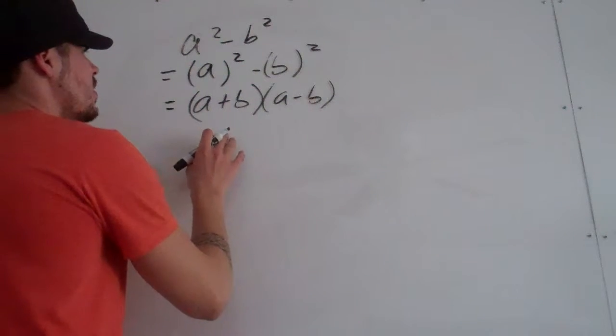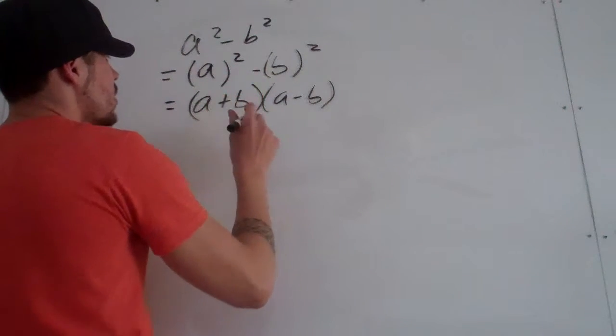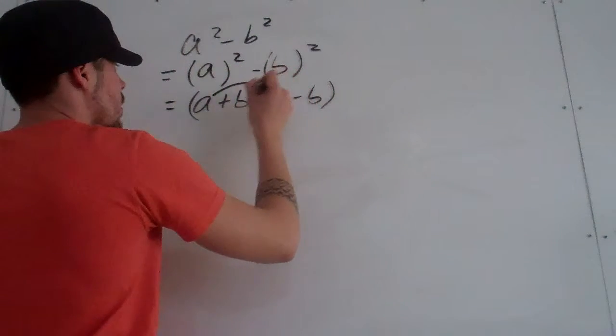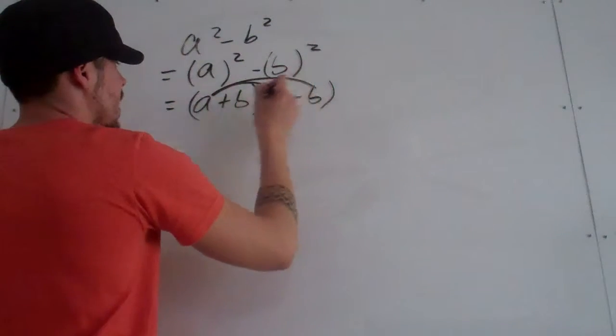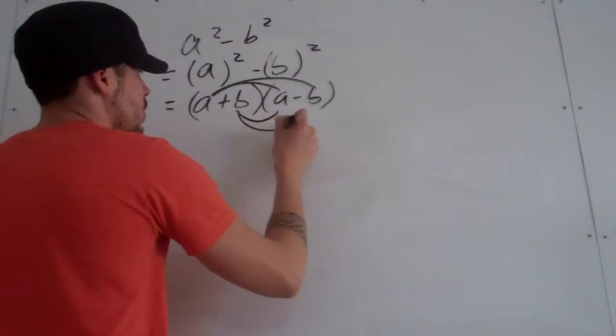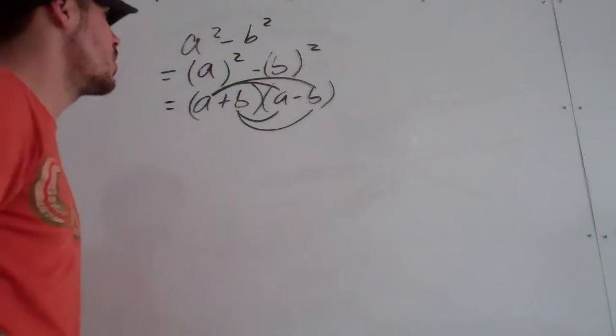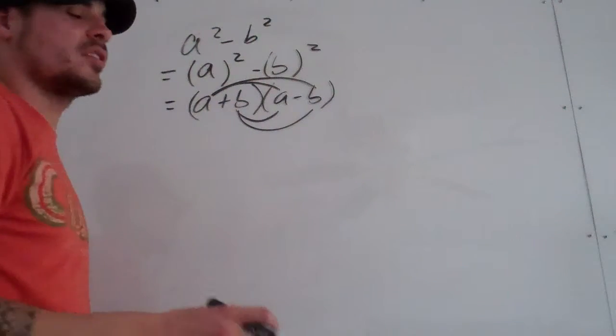Now, if you don't believe me, I'm going to check my answer, and this is the beauty of this thing, we can just check our answer. This times this times that. And if you've seen my FOIL videos before, and at this point you should already know how to FOIL, but if you forgot, just go back to my videos.